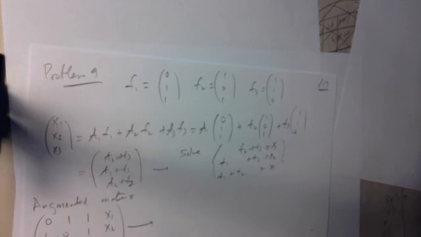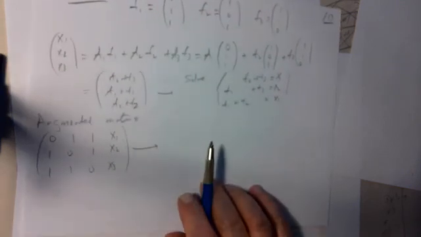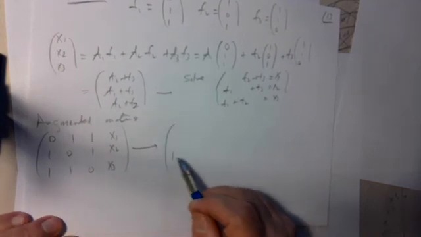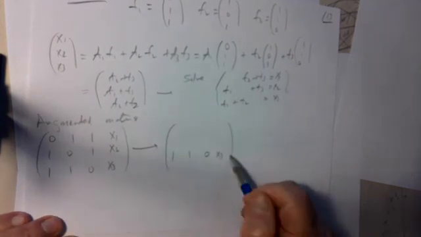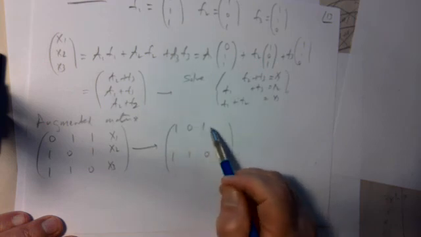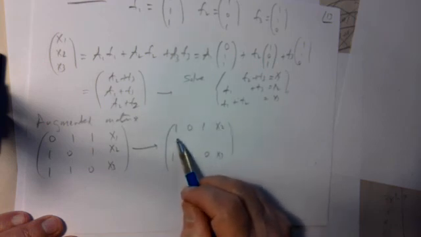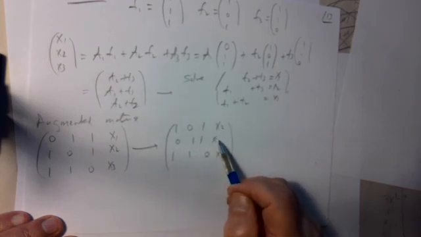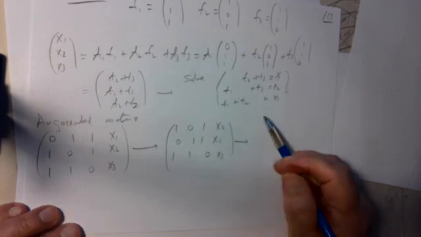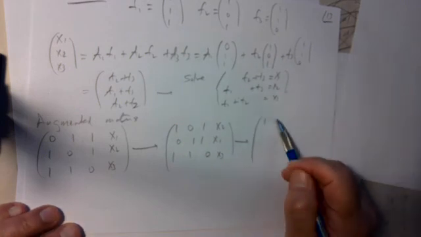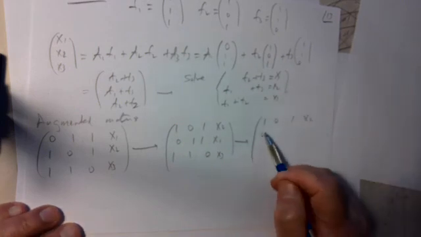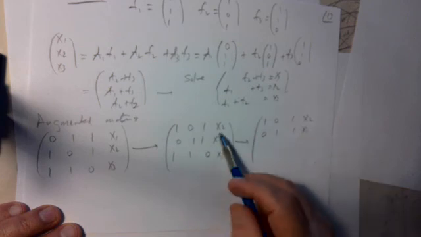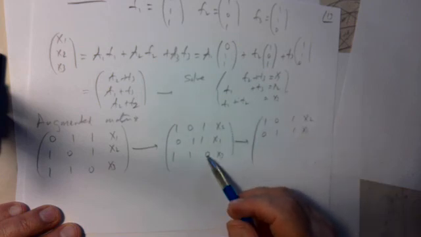And now I want to put this in reduced row echelon form by a series of elementary row operations. So the first will be to interchange rows 1 and 2. And the next will be to subtract the first row from the third row.